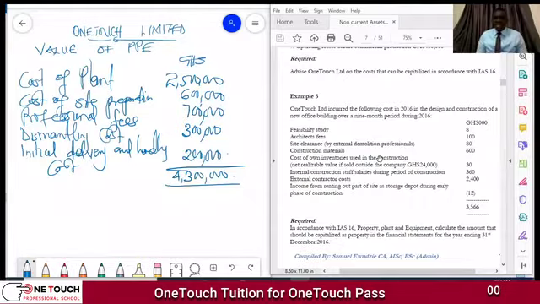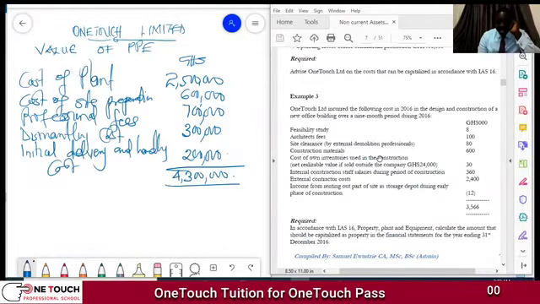One Touch Limited incurred the following cost in 2016 in the design and construction of a new office building over a 9-month period during 2016. We have feasibility study. We have architect fees.